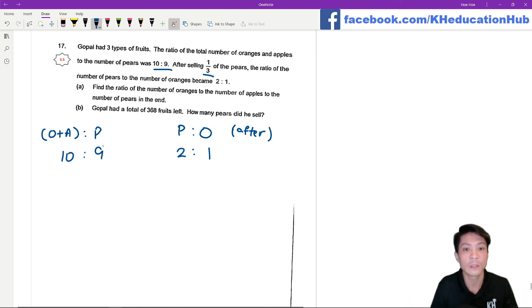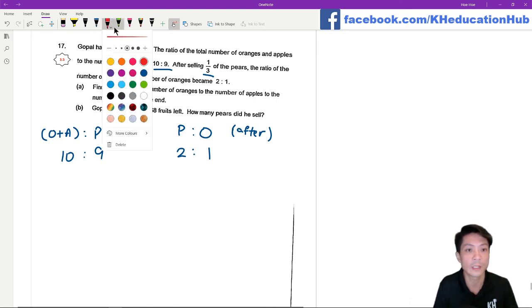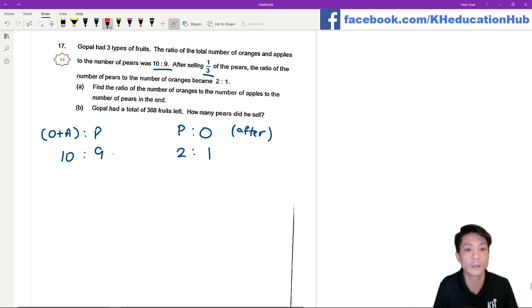If there are 9 units of pears, and you sell 1/3 of it, you'll be selling away 3 units and you're left with 6 units, right? So this is going to be 10:6. But now let's take a look at over here.